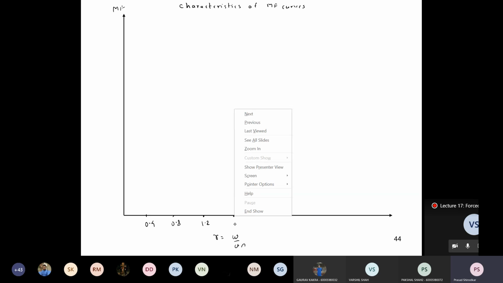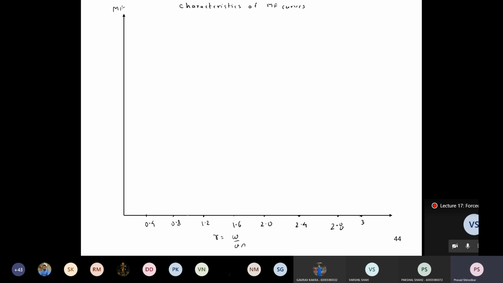All of you must have received the PDF of the diagrams. I would like you to open that PDF and try to understand how to construct this diagram, because this is a very popular question in exams, and it is very important to understand how to construct this curve.